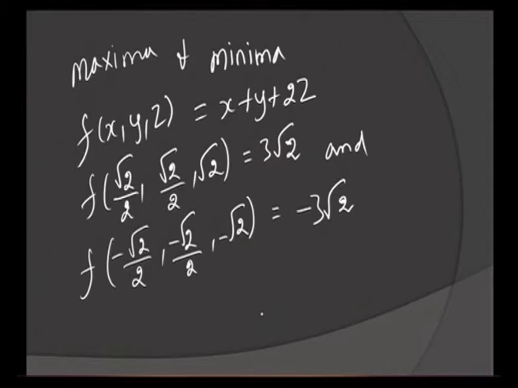So, we got the two values as 3 root 2 and minus 3 root 2.